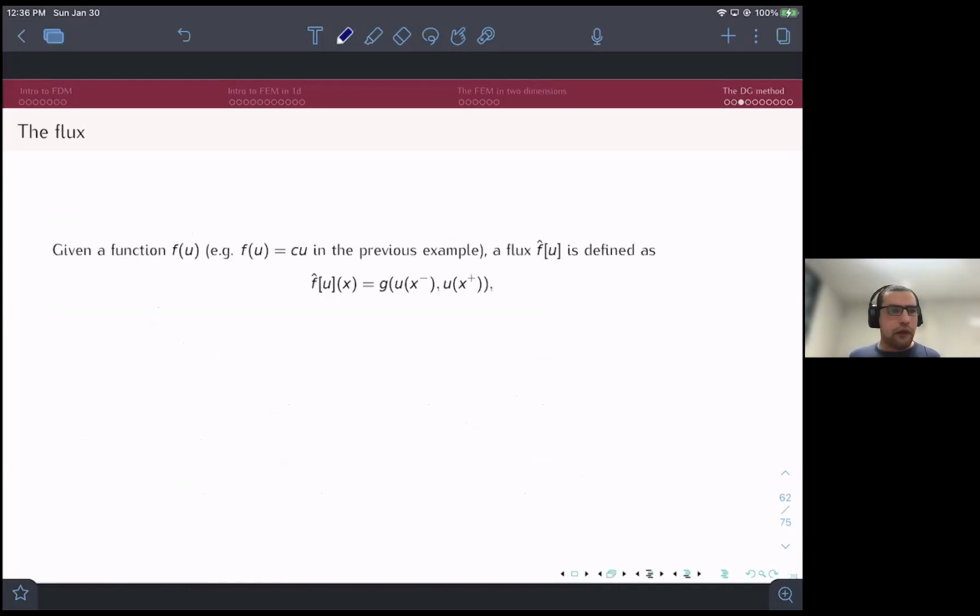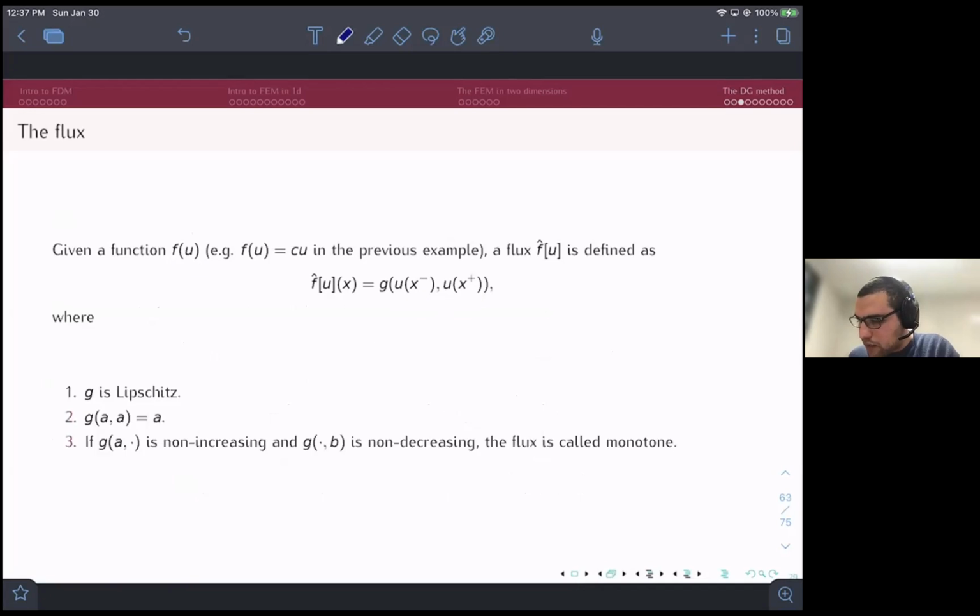If you want to define the numerical flux rigorously, it's basically given a function f of u, and this is what you would see usually in conservation laws. The flux would be a function of the left limit of u and the right limit of u. It has to satisfy a few conditions. G has to be a Lipschitz continuous function. And then there's a consistency condition that G(a,a) is f(a).